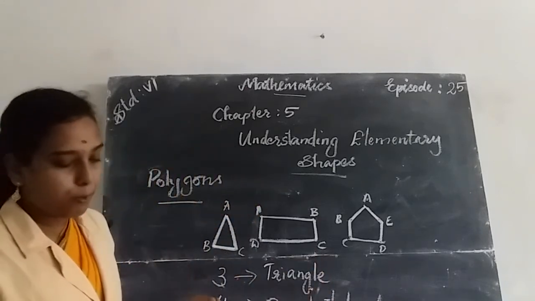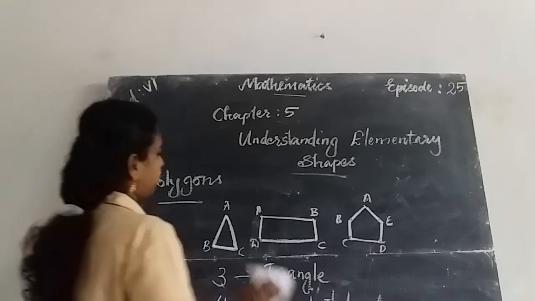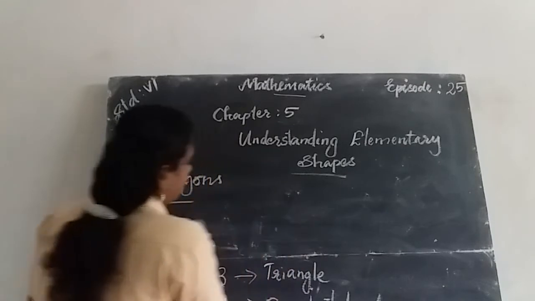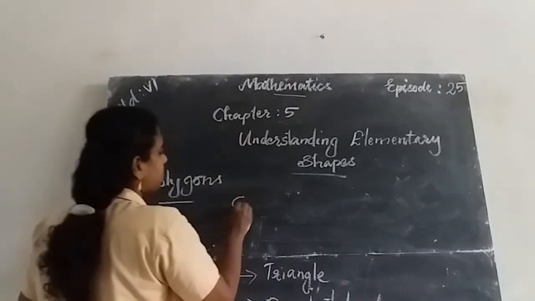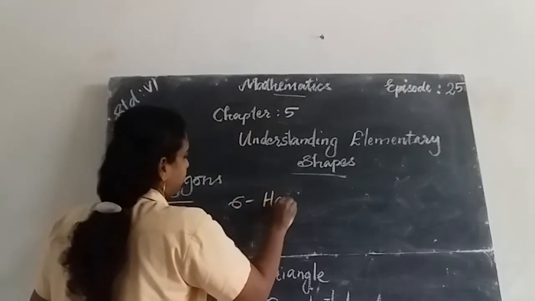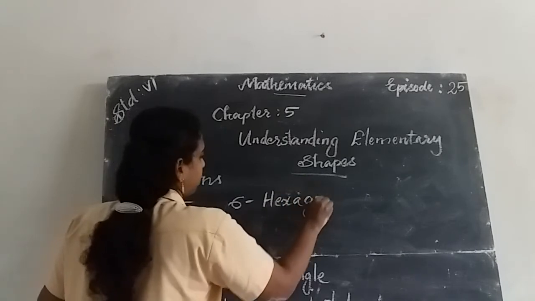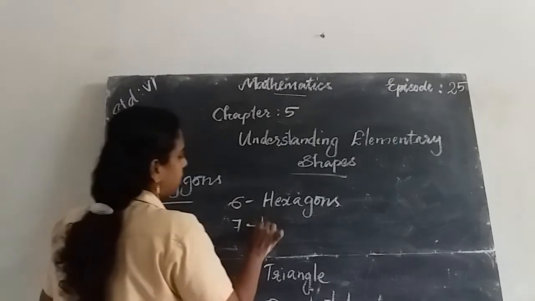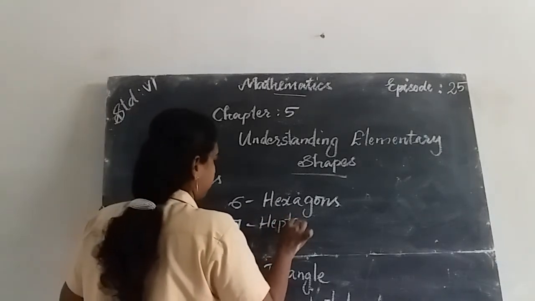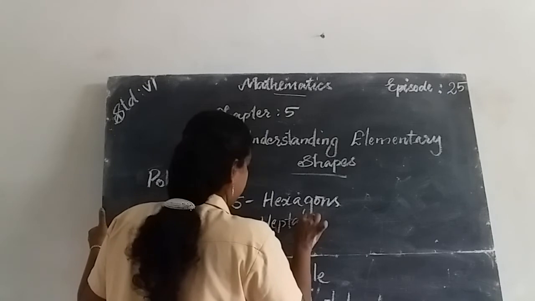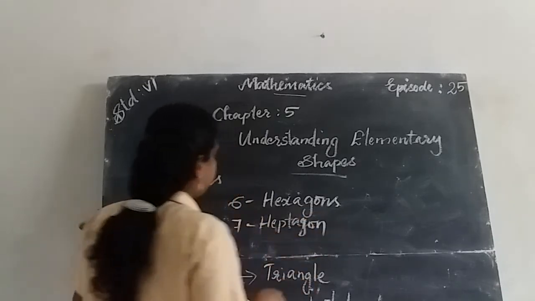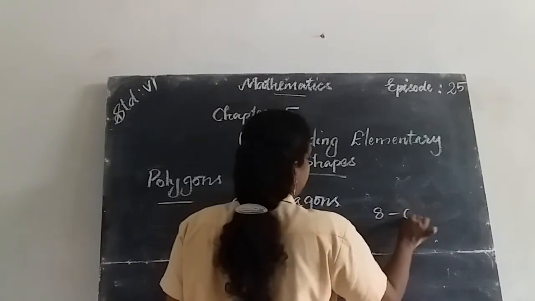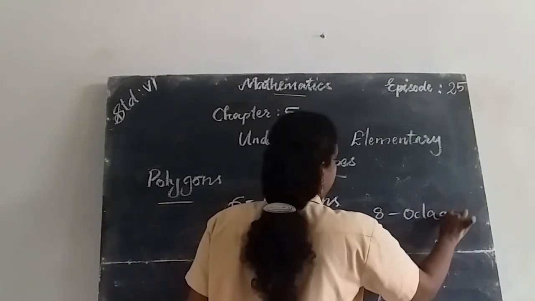Then the polygons with six sides are called hexagons. The polygons with seven sides are called heptagons, and the polygons with eight sides are called octagons.